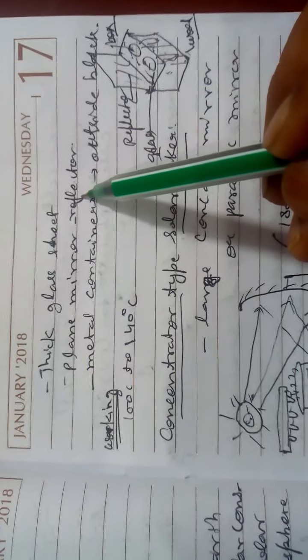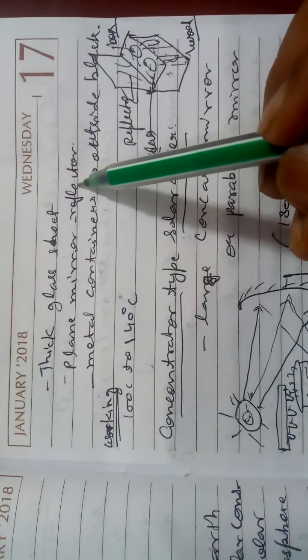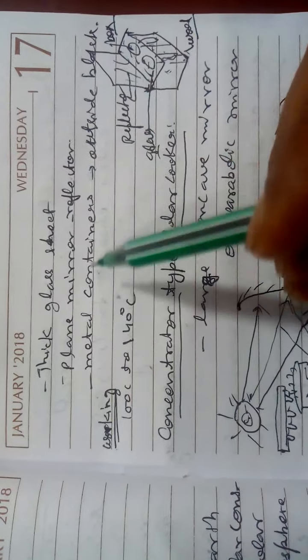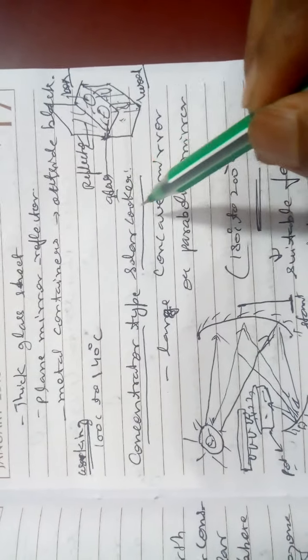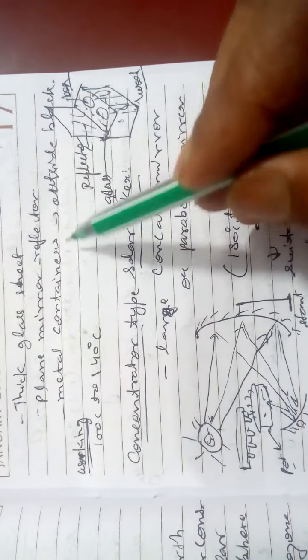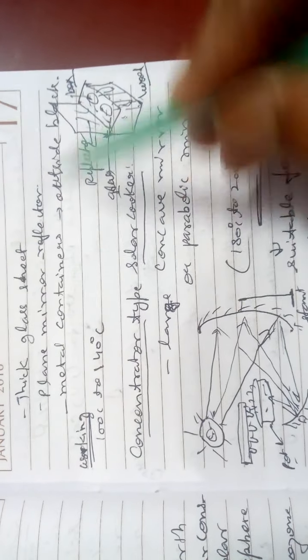A plane mirror is used as a reflector, placed in the lid of the cooker, which collects the sunlight and reflects it by the laws of reflection of light into the cooker. Metal containers are kept in the box, generally four small containers, made of steel or aluminium, which absorb heat very easily.